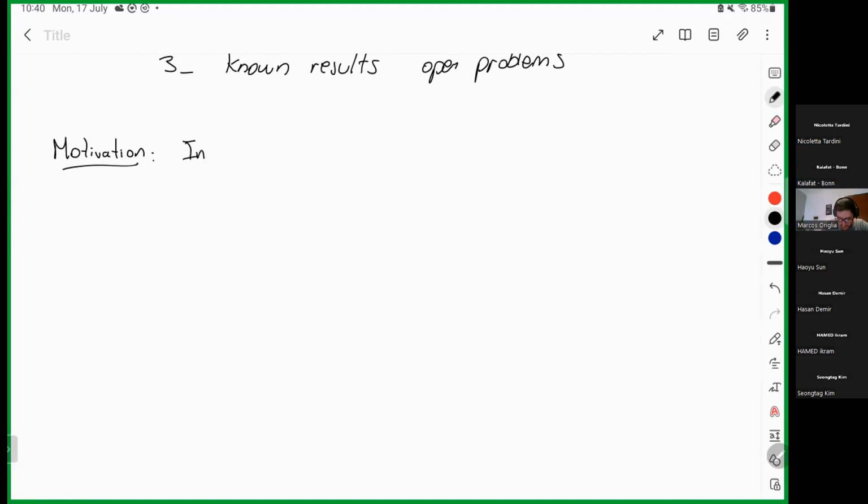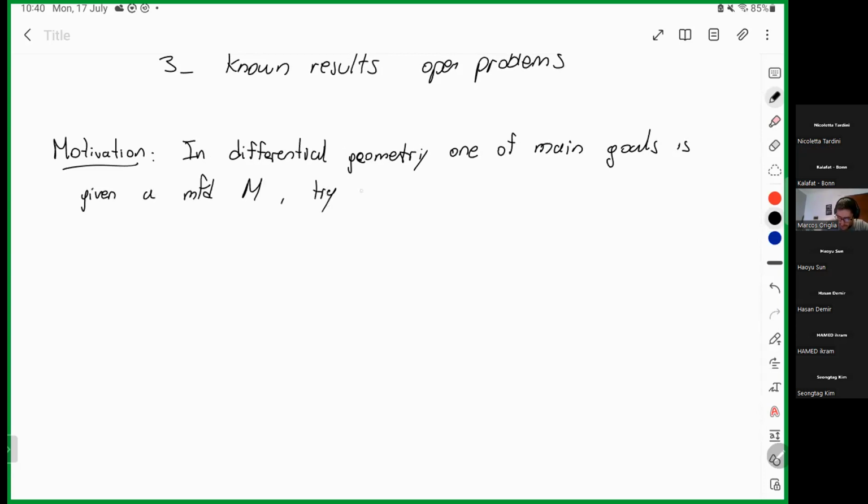So motivation. As you know, in differential geometry, one of the main goals is, given a manifold, let's say M, to try to find a nice metric g on M. Depending on the setting, on what you are interested in, there are many definitions for a nice metric.